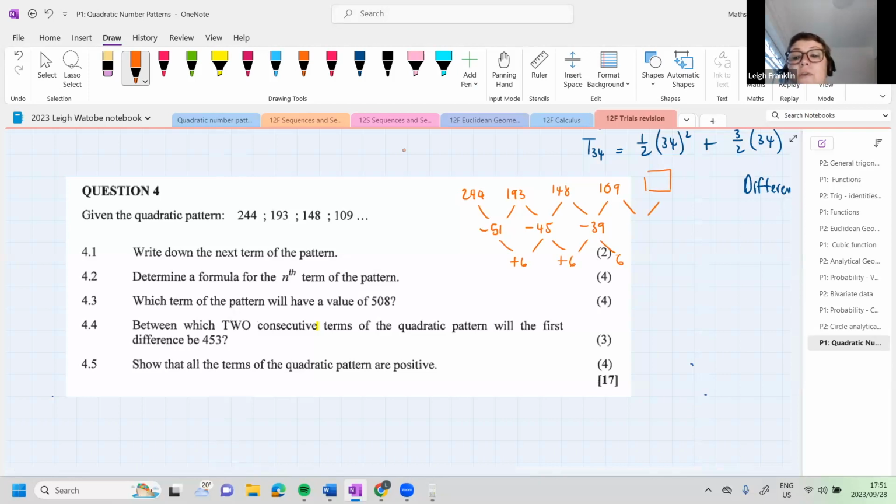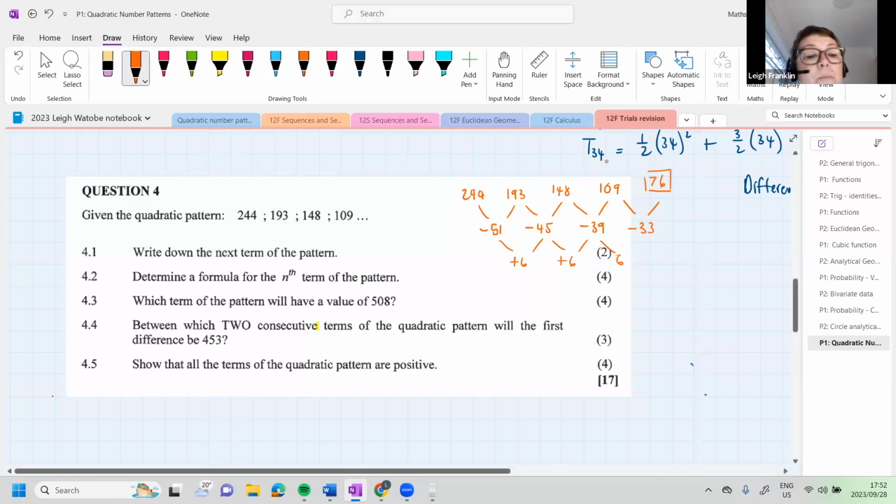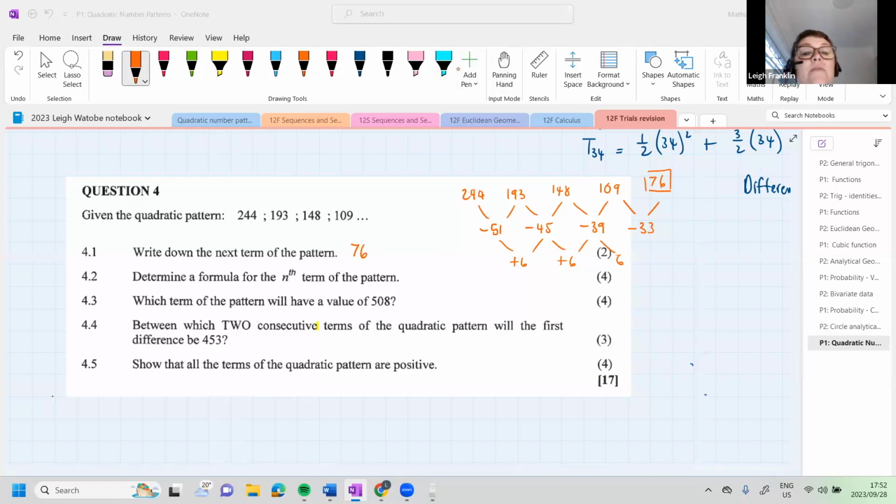So the difference over here is going to be negative 33, isn't it? So to work out what this number needs to be, we'd have to say 109 minus 33. Does everybody agree with that? Yes, there we go, 76. Beautiful. So the next term in the pattern is going to be 76. Lovely. Well done, everybody.